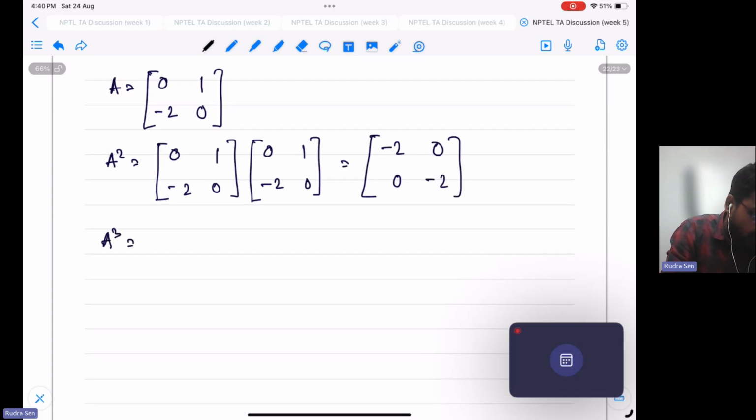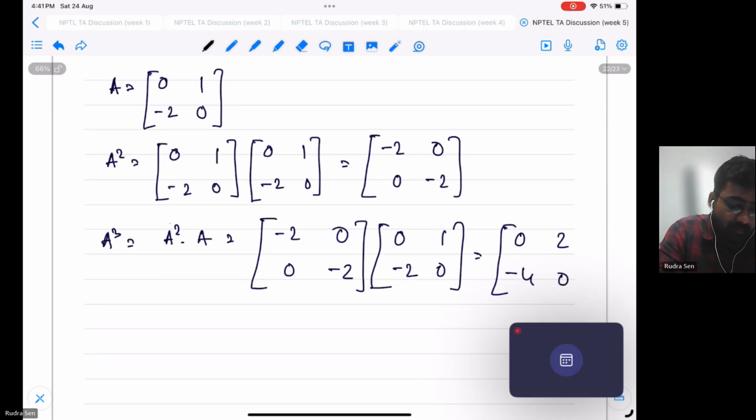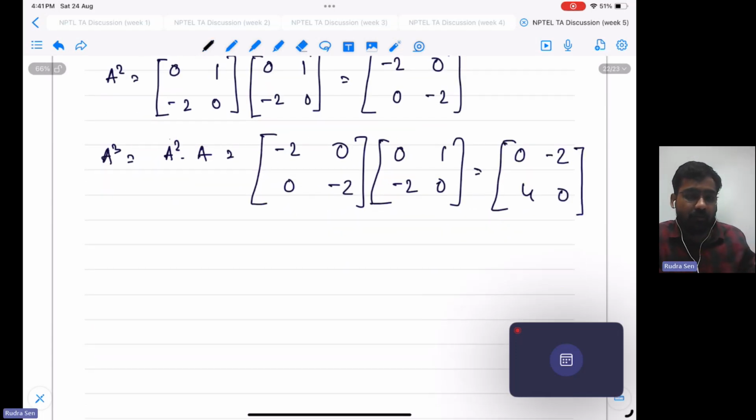A cube is basically A squared into A, which is [-2, 0; 0, -2] times [0, 1; -2, 0]. What we'll get? Sorry, -2 is multiplied with 0, -2, 4, 0, so A cube is [0, -2; 4, 0].